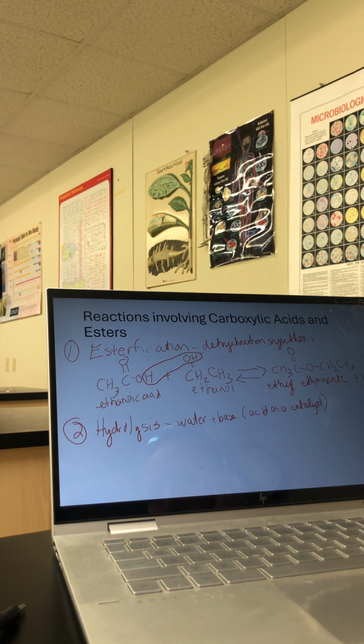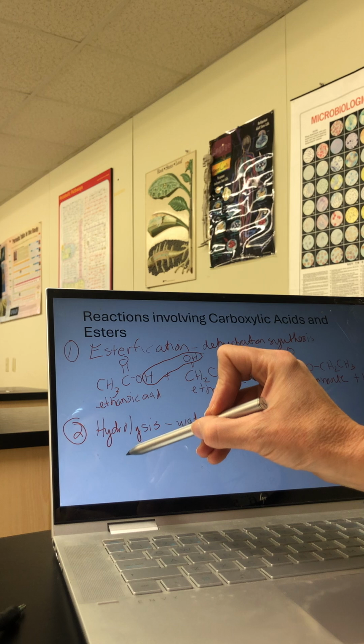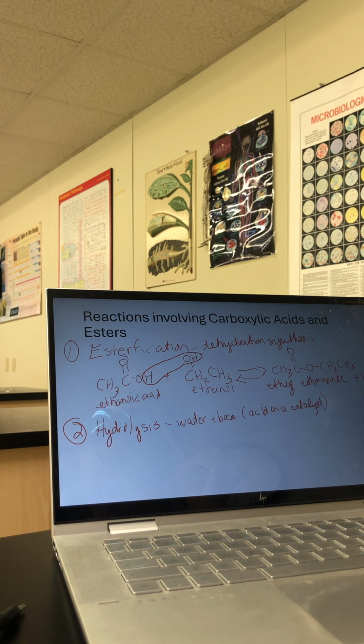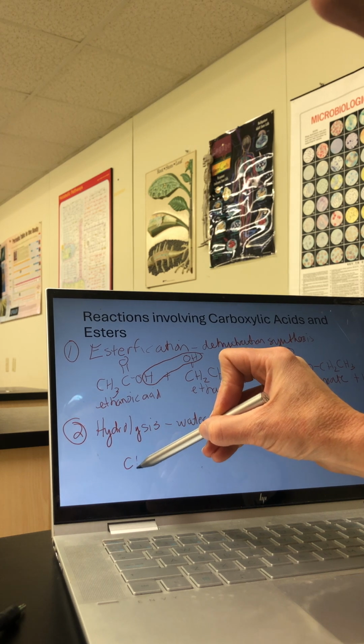So if you recall, when we talked about catalysts and enzymes last year, they help for the reaction to take place. So I want you to take a look at this first reaction that I'm going to show you. Okay, and you can see what happens. I guess we'll do a different one this time.